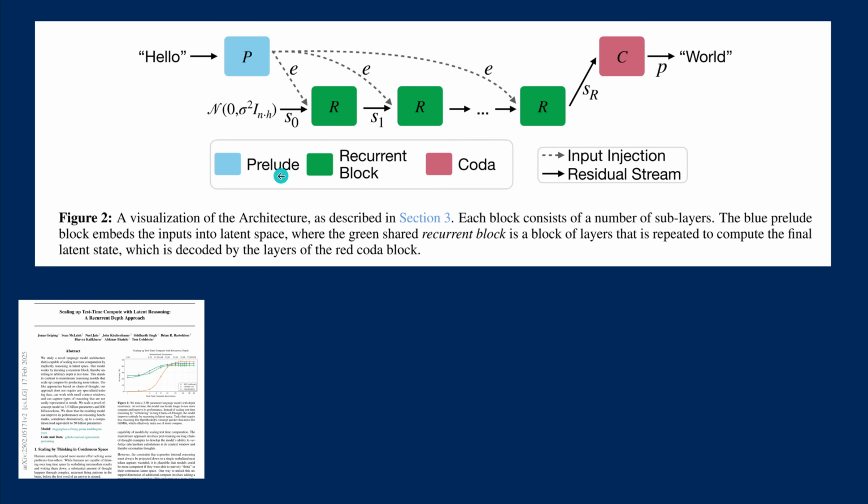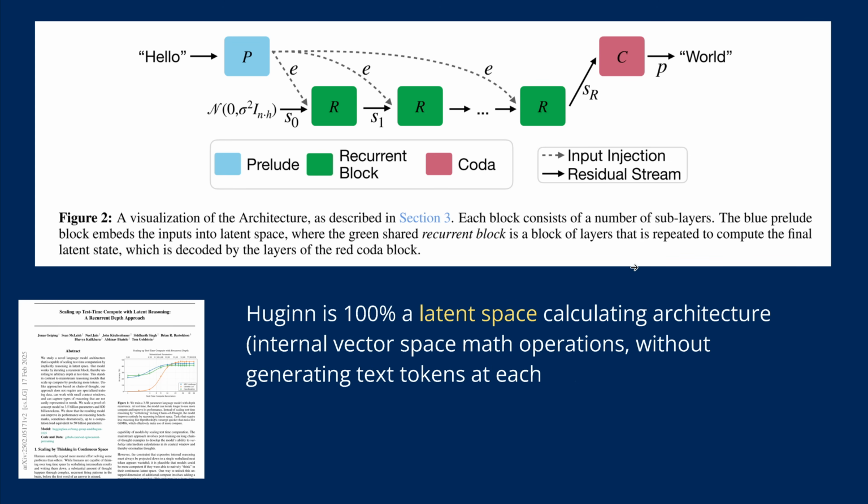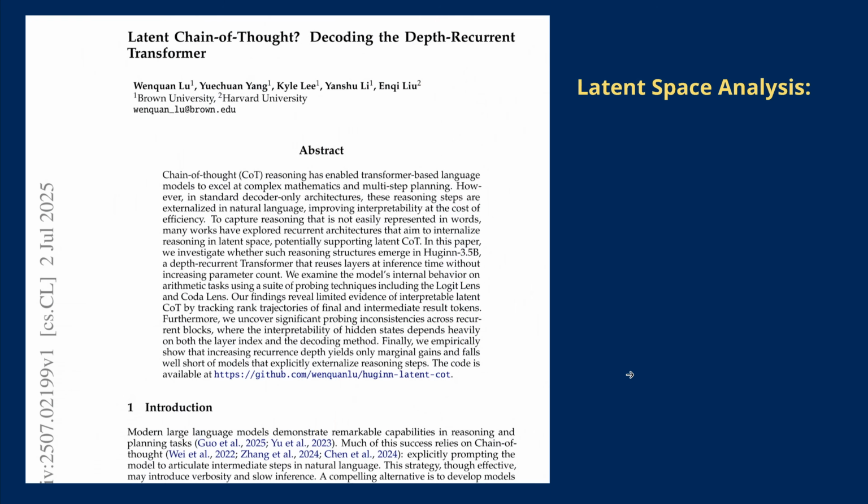You have the prelude block, you have multiple recurrent blocks, and then you have a simple coda block. So let's have a look. The whole model is 100% a latent space calculating architecture because we have internal vector space mathematical operations that are happening without generating text tokens. So we do not transform this back to our vocabulary token at each step. No, we stay within the latent space.